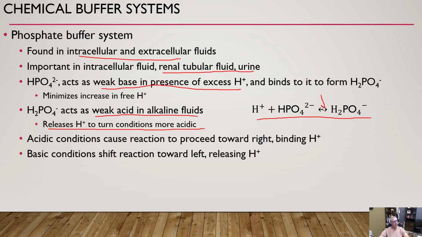So again, we have that double-headed arrow, so that if we have acidic conditions, we can go to the right and create more H2PO4. And if we have more basic conditions, we can go to the left and create more hydrogen ions. So your phosphate buffer system is going to work more in the kidney area and with the renal tubules.